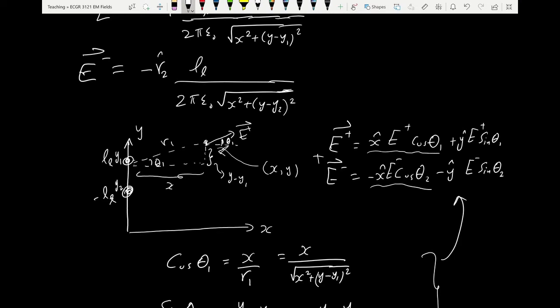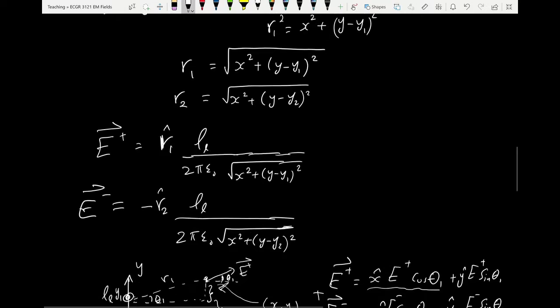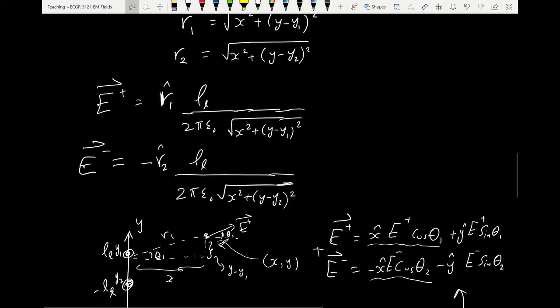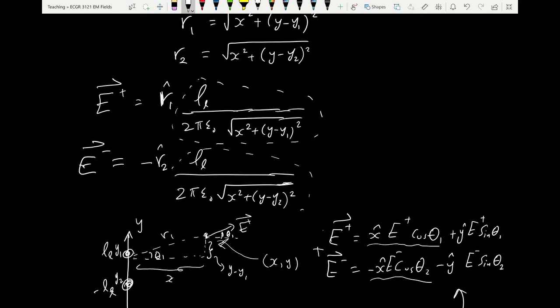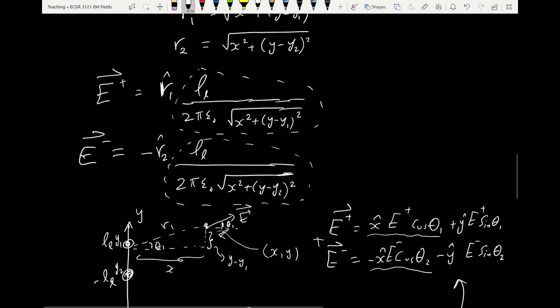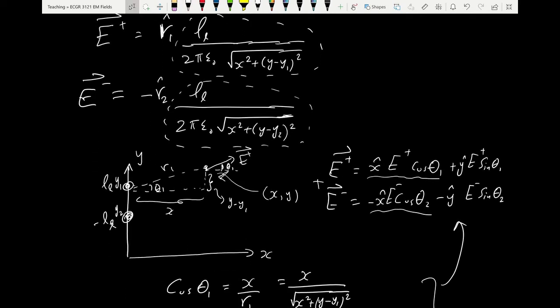The magnitudes of E plus and E minus we already found, right? So this is the magnitude of E plus, and this is the magnitude of E minus. We can take out the common factors, which is rho L over 2 pi epsilon naught.